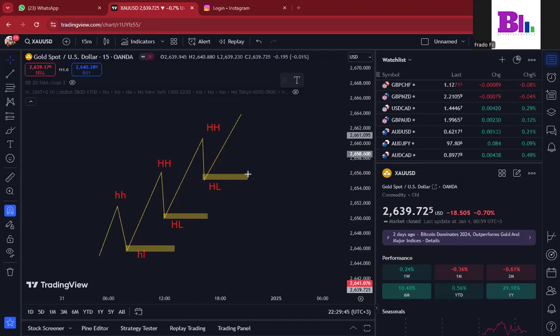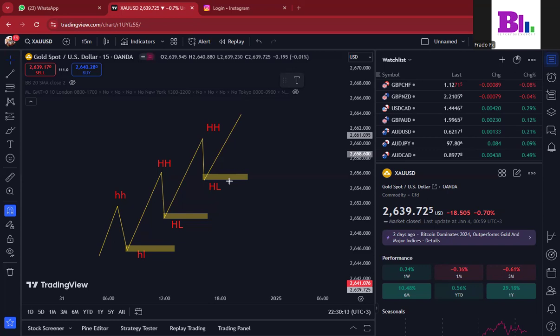So for you to make sure you have a reversal, the price must violate this kind of mapping. Because in an uptrend we have higher highs and higher lows, in order to have a reversal this kind of structure, higher highs and higher lows, must be violated.